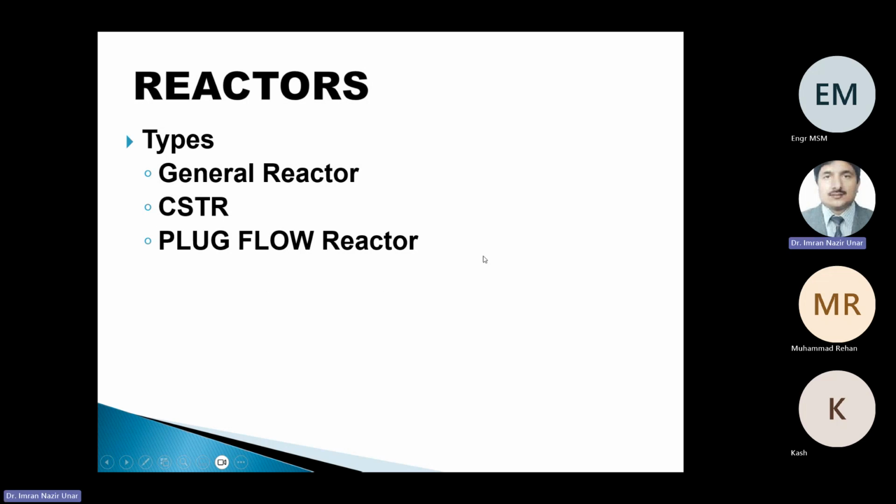And another category contains only one reactor, which is called plug flow reactor. So in the general category there are 4 or 5 reactors, whereas CSTR and plug flow reactor are a special kind of reactor separately modeled in the HYSYS toolbox.